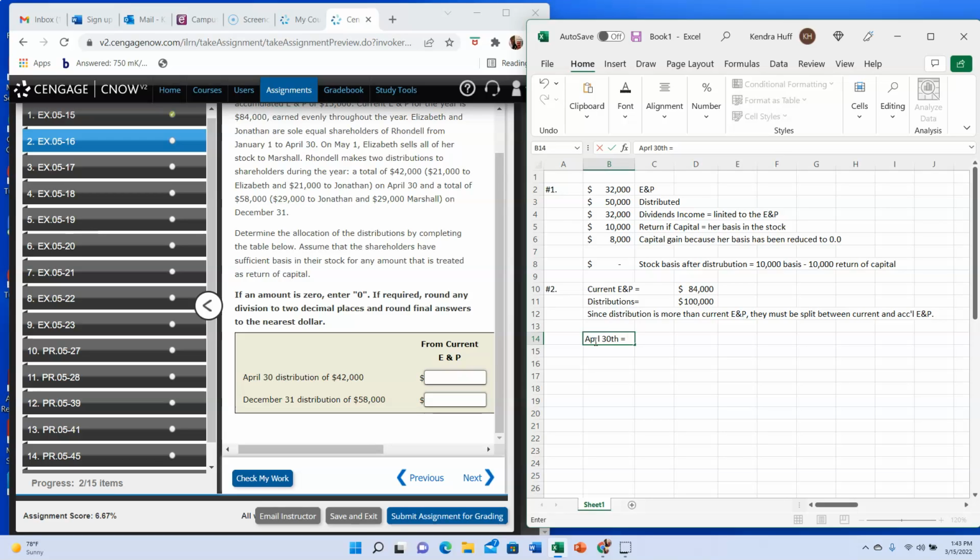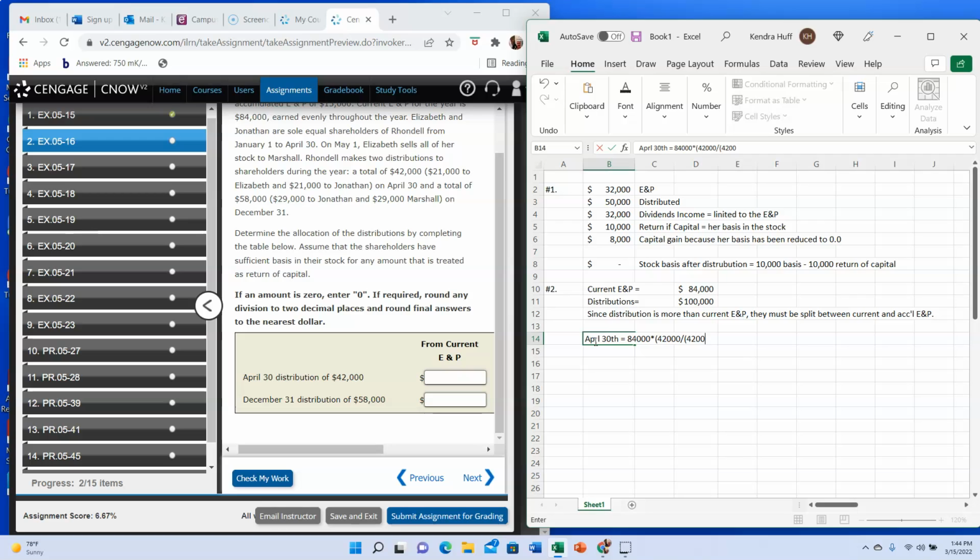what you do is take the current E&P of 84,000 times the 42,000 first distribution, and then that is divided by the total of the distributions. So it's kind of like a prorated share.